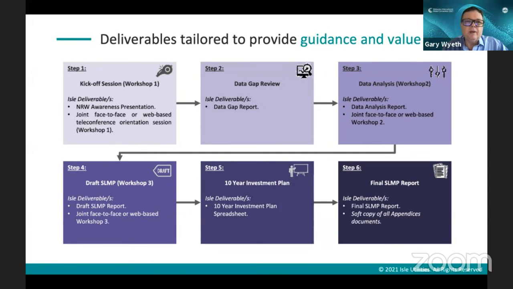So there's a number of deliverables in terms of reports. We produce a data gap report, a data analysis report, and then the final SLMP report, and we provide the spreadsheets coming from the investment plan as well.